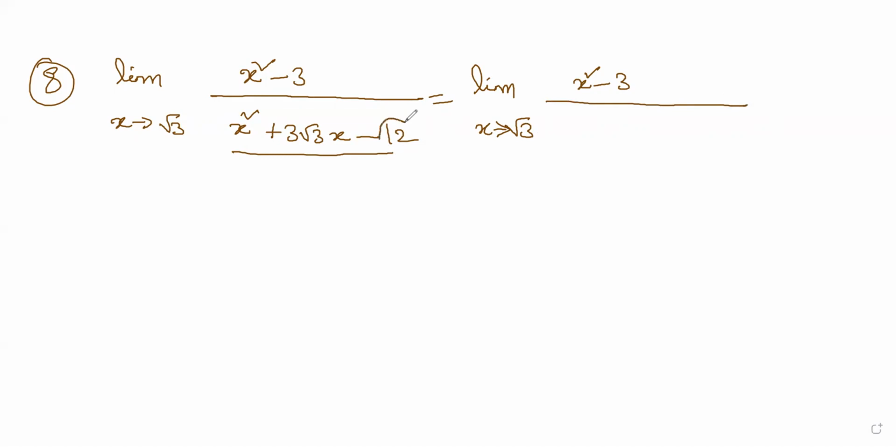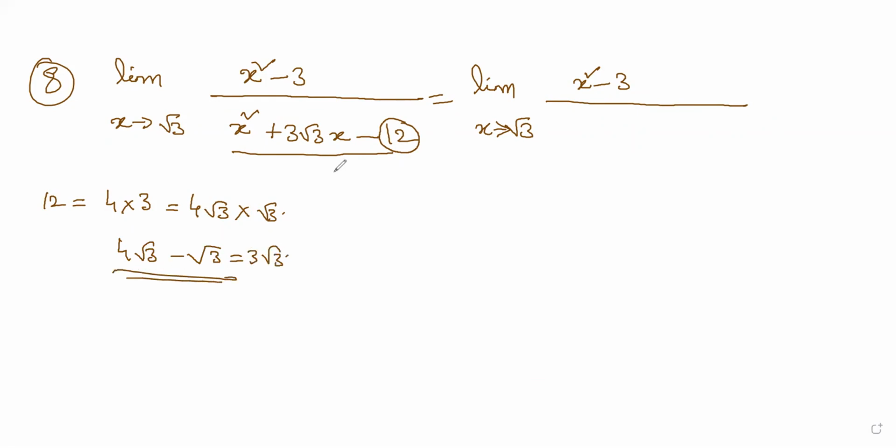So I need minus 12 and 12. Let's write the factors. 12 is 4 into 3, that is 12, right? So it is 4 root 3 into root 3 gives 12, and 4 root 3 minus root 3 gives 3 root 3.